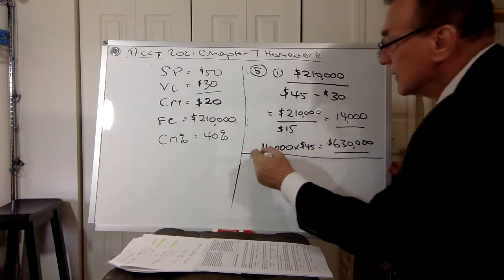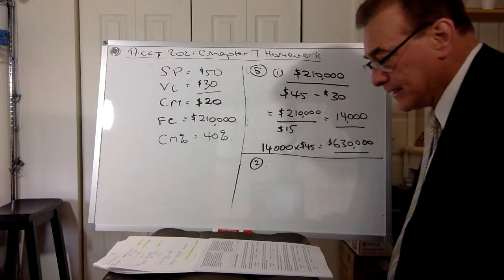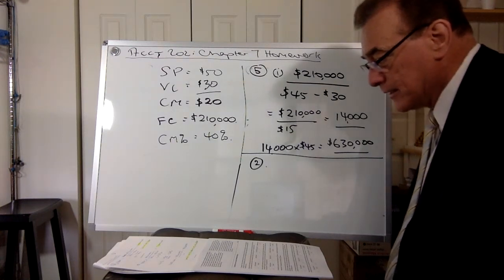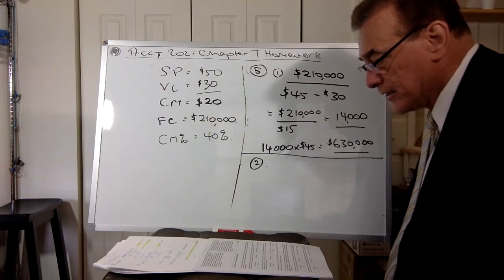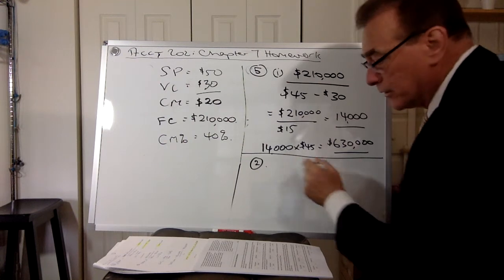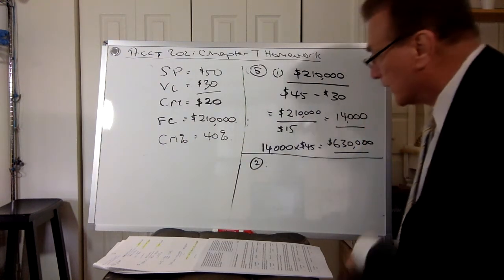which is now $45. And in part 2 of that question, it says, assume that Fun Time Cruises does not cut the price. Fun Time Cruise Line could reduce its variable cost by no longer serving an appetizer before dinner. And suppose this operating change reduces the variable expense from $30 to $20 per passenger. Compute the new break-even point in dollars and sales. Okay, so what they're doing here is changing their variable cost.